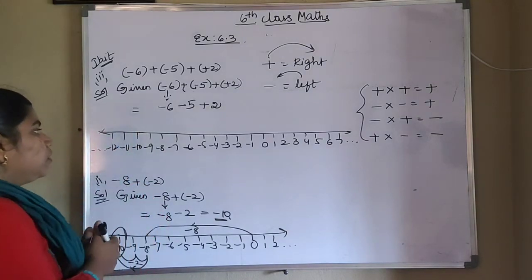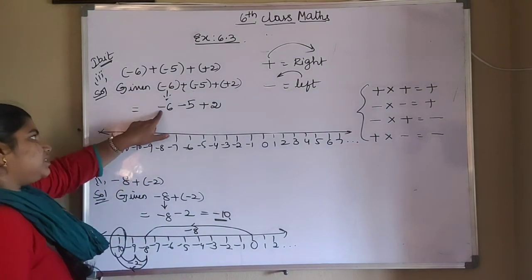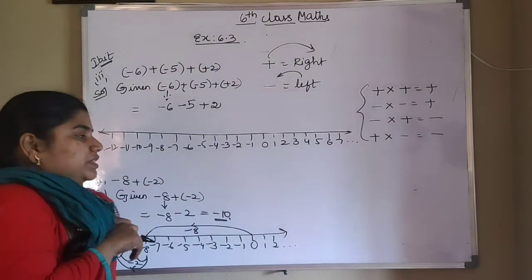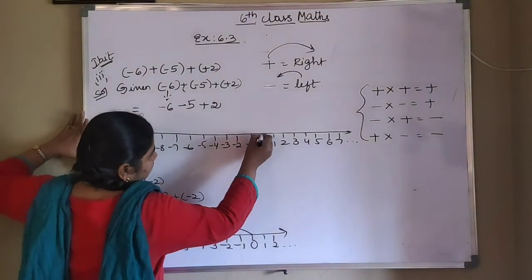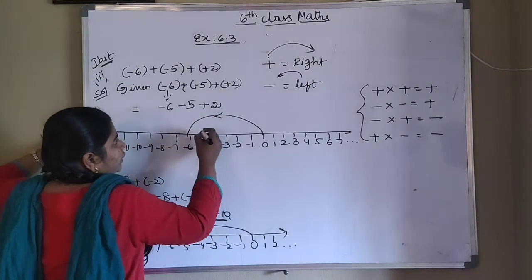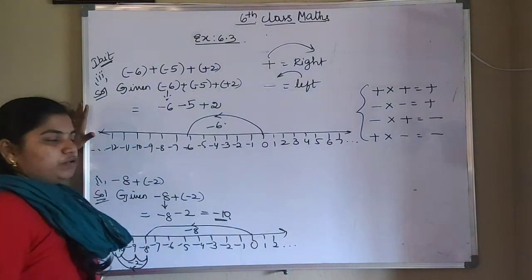And so on. So first minus 6. Minus is nothing but we have to move to the left side. So move to the left side first. 0 to minus 6. This I am moving to the left side because it is a negative value.